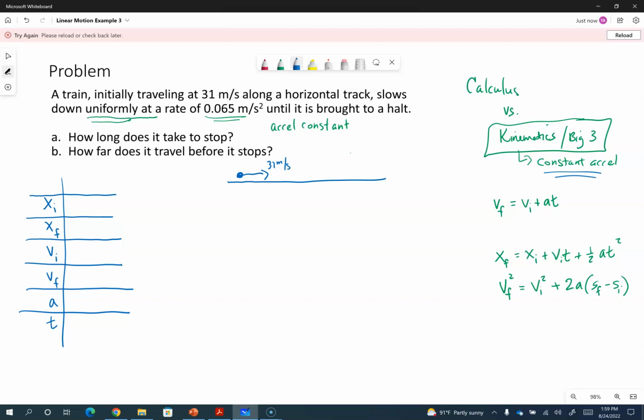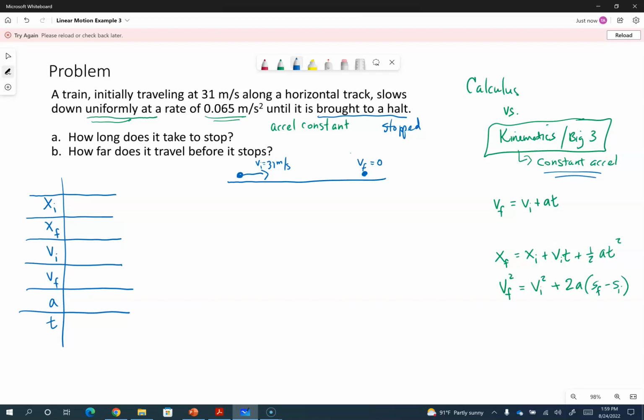You could totally draw it moving to the left. That's up to you. I know sometime later being brought to a halt means it has stopped. So the velocity at this later or final moment in time is 0. That 31 is the velocity at the initial moment in time.